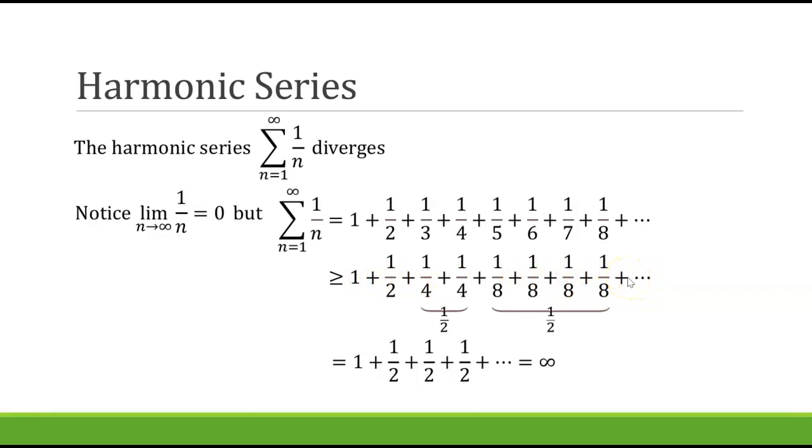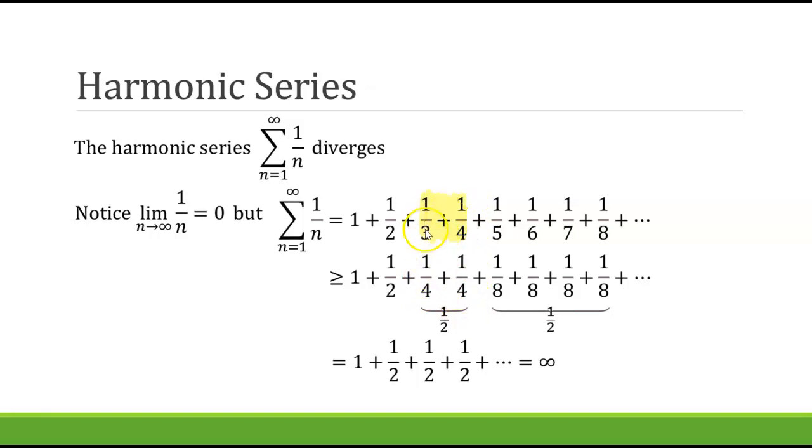So let's look at a couple terms side by side for a second. Well, the first two terms are identical, 1, 1, 1/2, 1/2. But right here, let's take a look at 1/3 and 1/4. So 1/3 is definitely bigger than 1/4, right? And then 1/4 is equal to 1/4.